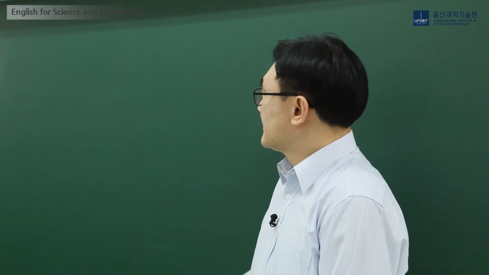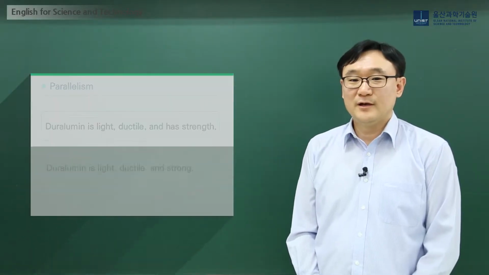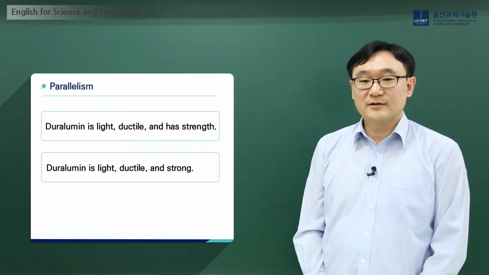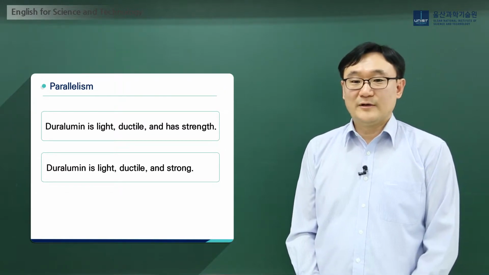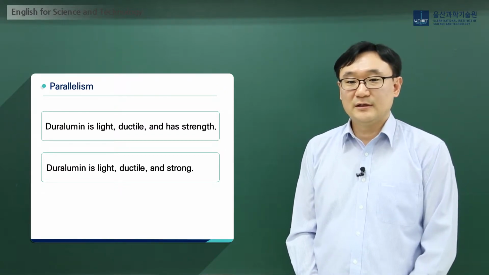Take a look at these examples. Duralumin is light, ductile, and has strength. Duralumin is light, ductile, and strong.